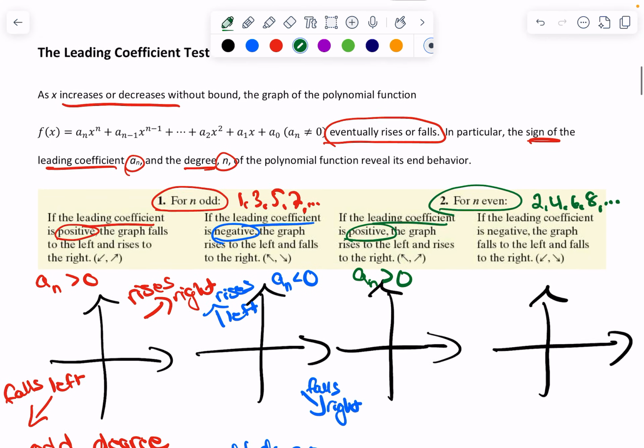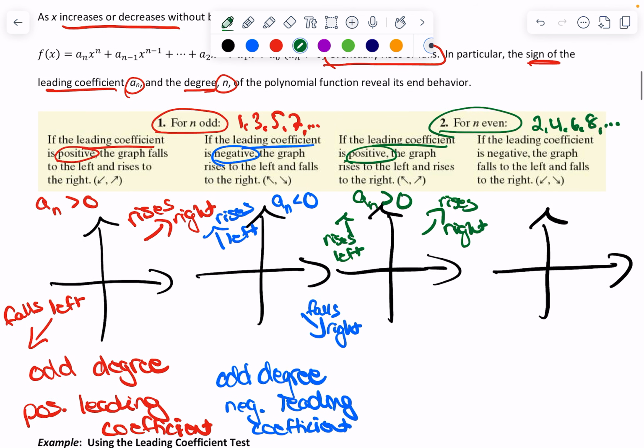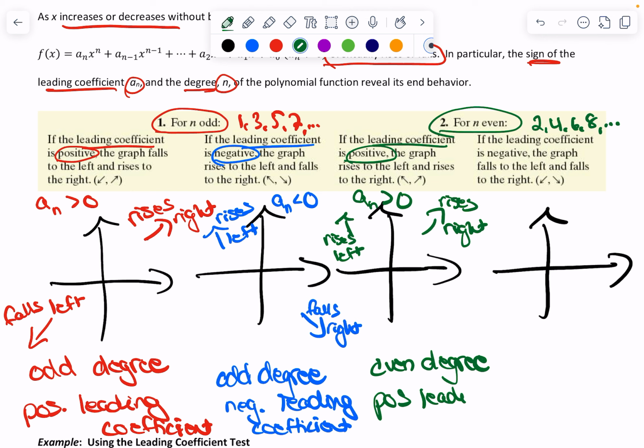It goes up on both sides, so rises left and rises right. This is the even degree, 2, 4, 6, 8, and a positive leading coefficient. And remember, we're not talking about what's happening in the middle. We're only talking about those ends.